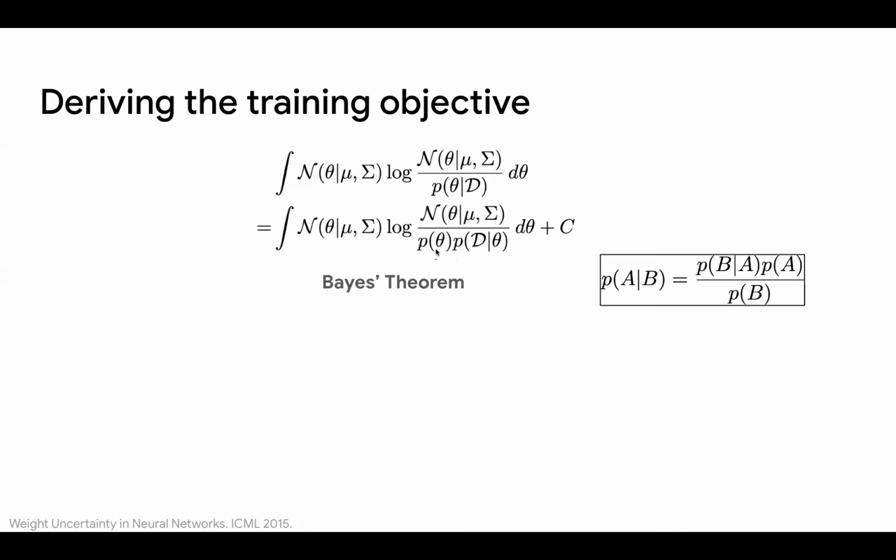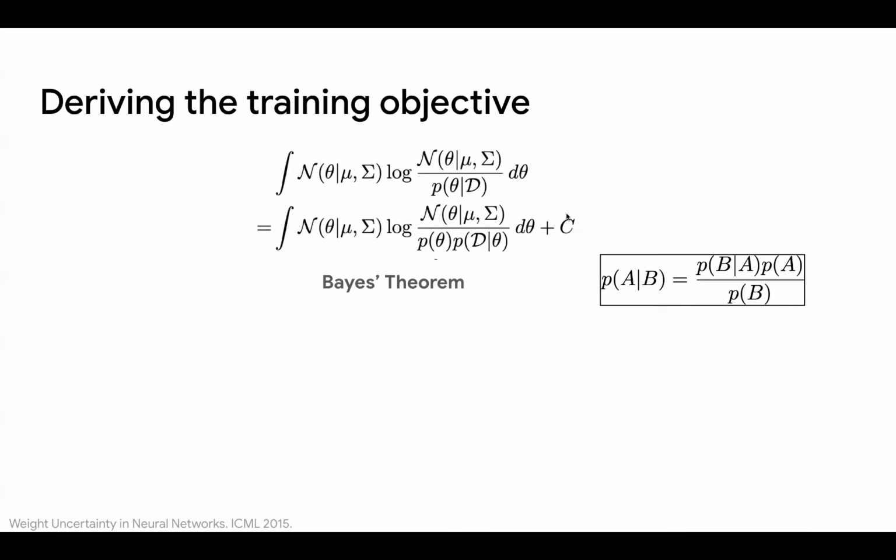So we have P of theta times P of D given theta. And then there's an extra term, which is P of D only. But that can be taken out by the fact that it's independent of theta. So if you're integrating over theta, then you get 1, right?